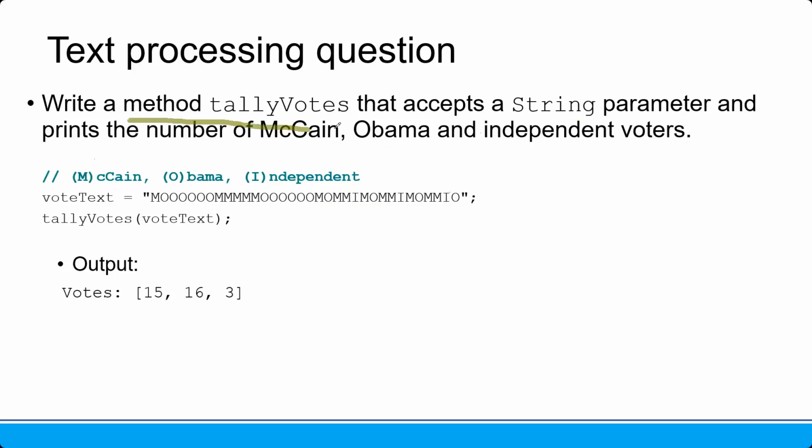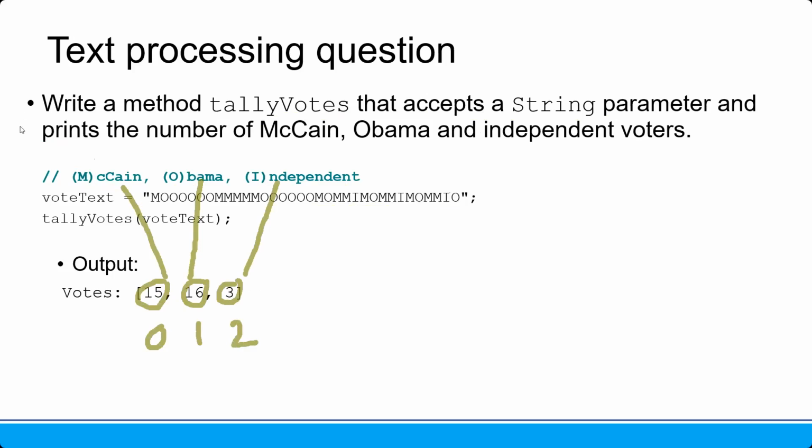We need to write a method tally votes. First we will define the first element, the second element, and the third element. Let's say the first element is for McCain, the second element is for Obama, and the third element is for independent. So this is index 0, this is index 1, and this is index 2.